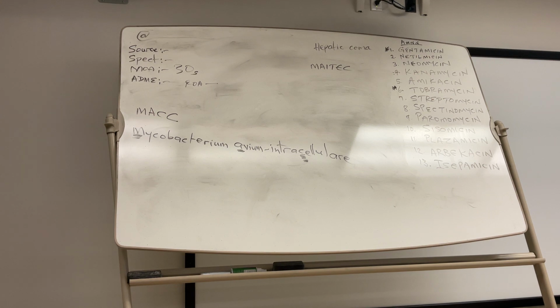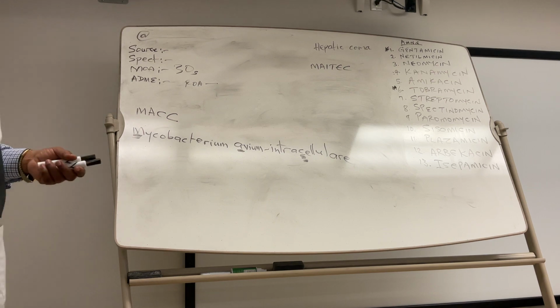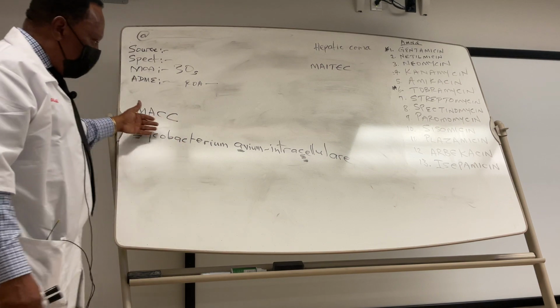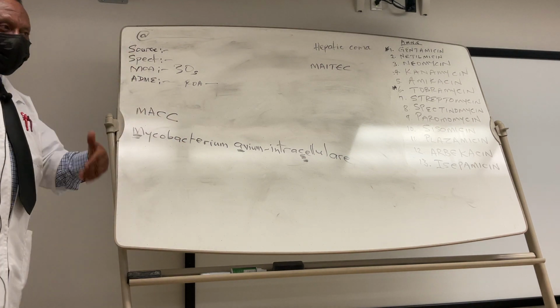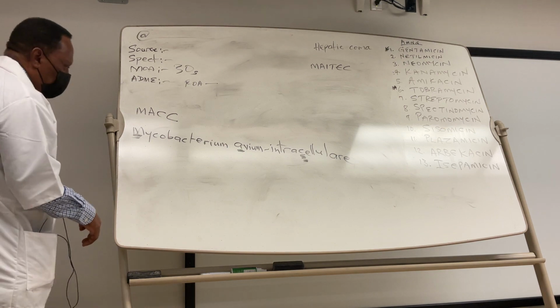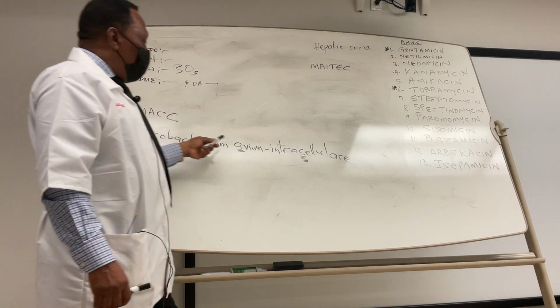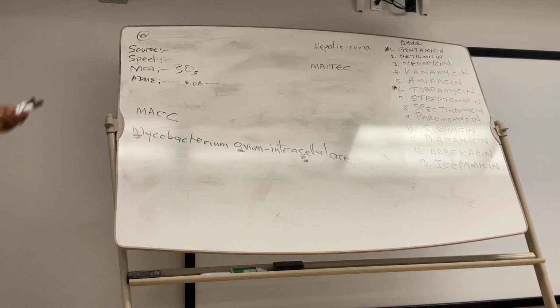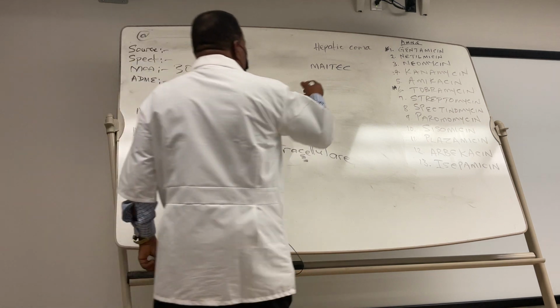You find it mainly in immunocompromised individuals, particularly your AIDS patients. It's one of the common causes of death in AIDS patients. So in that situation, we use the liposomal preparation of gentamicin.